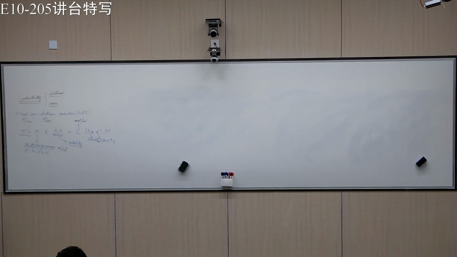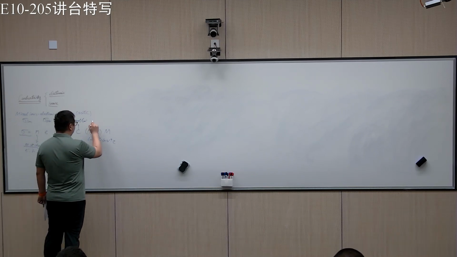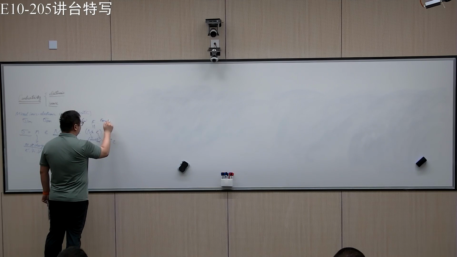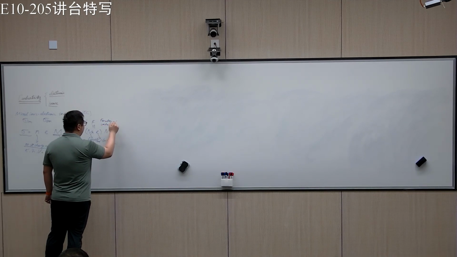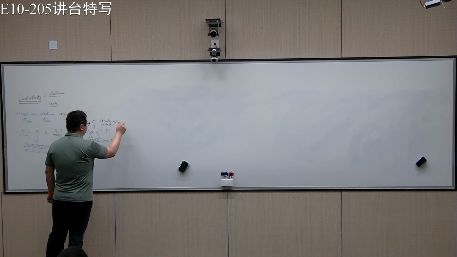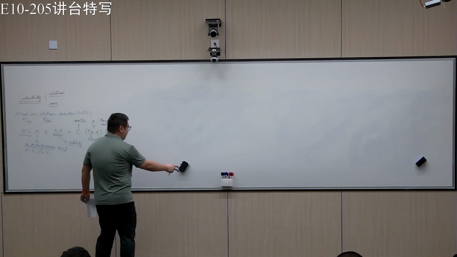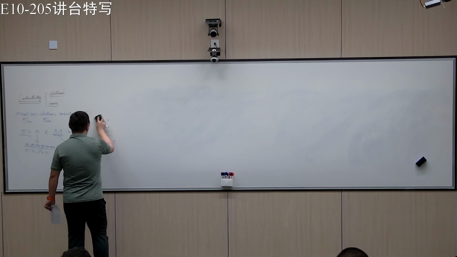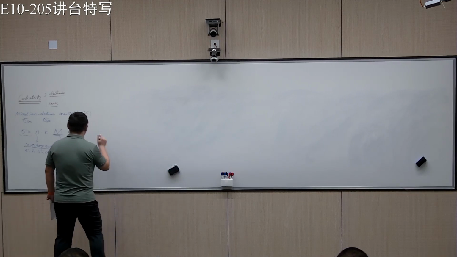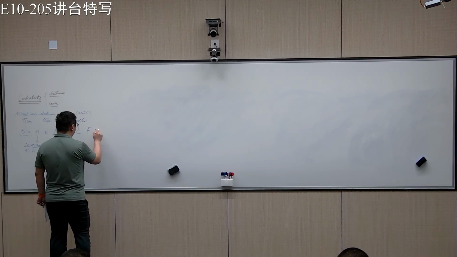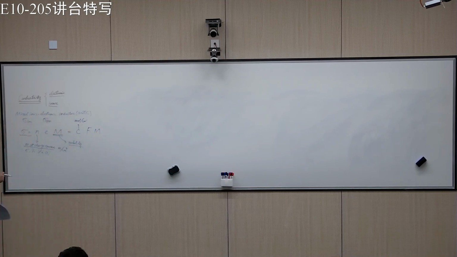The product of these is basically the Faraday constant, which is 96500 coulomb per mole. So if I clean up, it is basically C, F, mu.